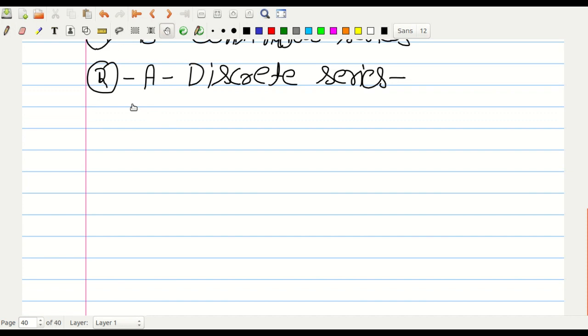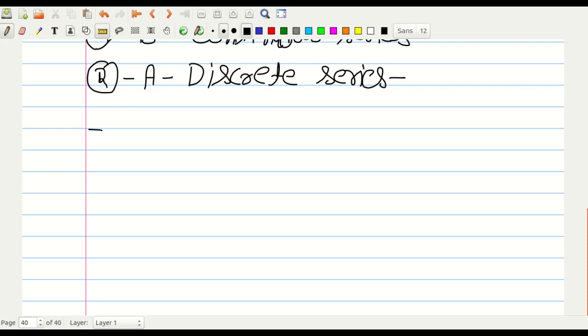So actually in discrete series the numbers along with their frequencies are written in table form. So let us see it.